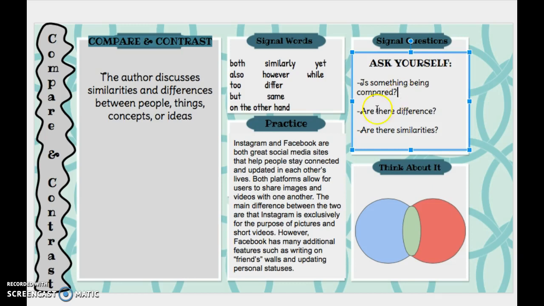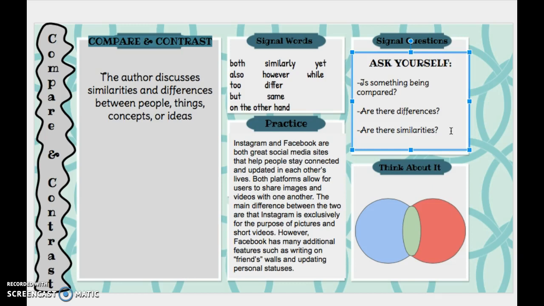Is something being compared? If it is, that's most likely going to be the compare and contrast. Other ones I want you to write down in that same box would be the questions, are there differences and are there similarities? So you should have these 3 questions written down in the first box in that trifold under the column that says questions to ask and answer.